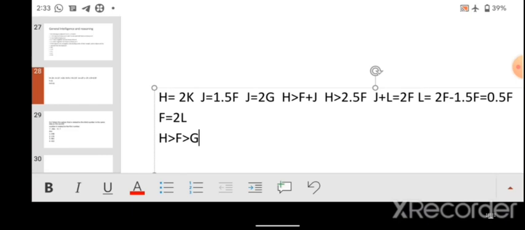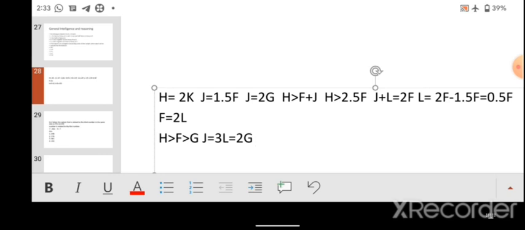And see, J is 1.5 F, F is equal to 2G. Now we have relation between F and L. We have to find the relation between G and L. So F is twice times L. So we can write J is equal to 1.5 into 2L, that is 3L. J is equal to 3L. Now 3L is equal to twice G, because J is equal to 2G.